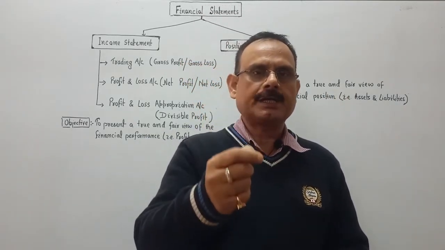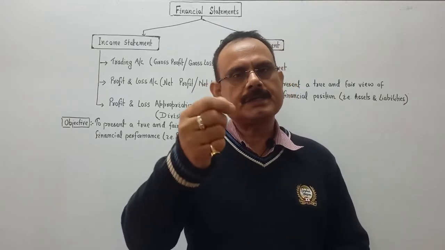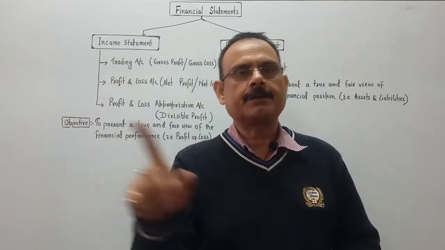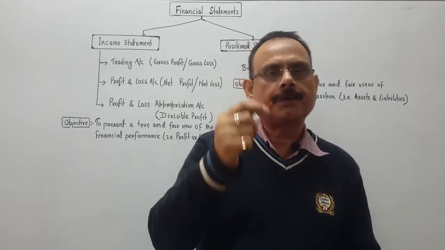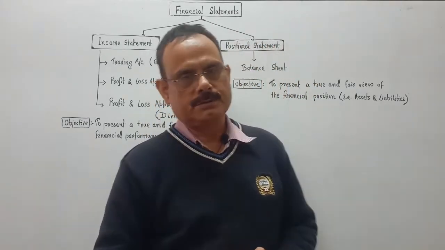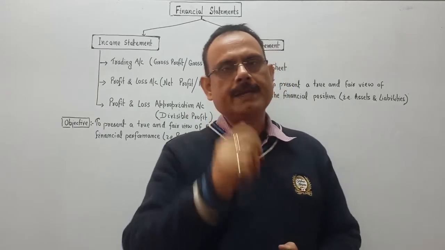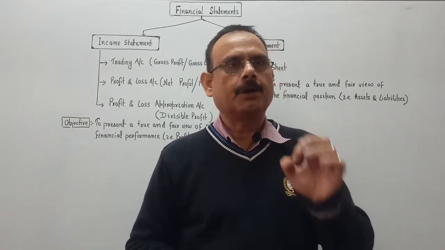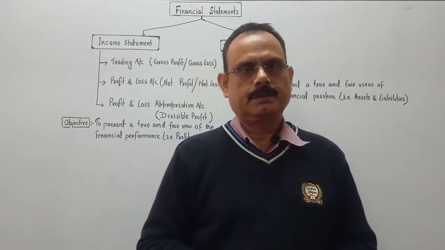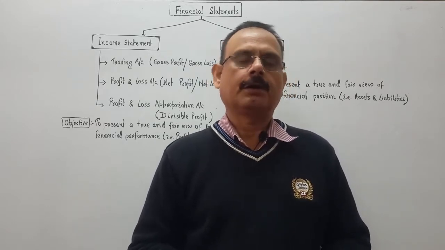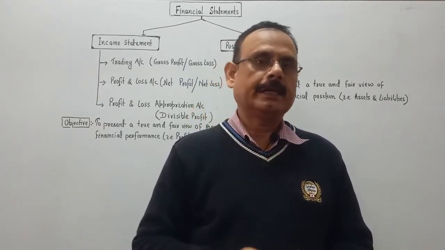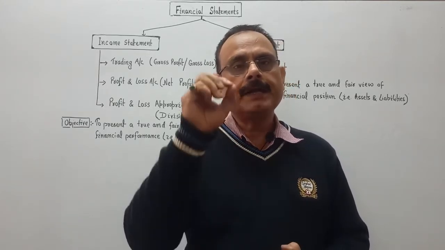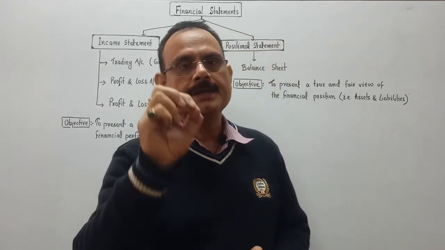Thereafter, the gross profit or loss is transferred to the profit and loss account. So the next account after the trading account is the profit and loss account. Here we calculate the net profit or net loss of the business. Thereafter, the third part of the income statement is the profit and loss appropriation account.